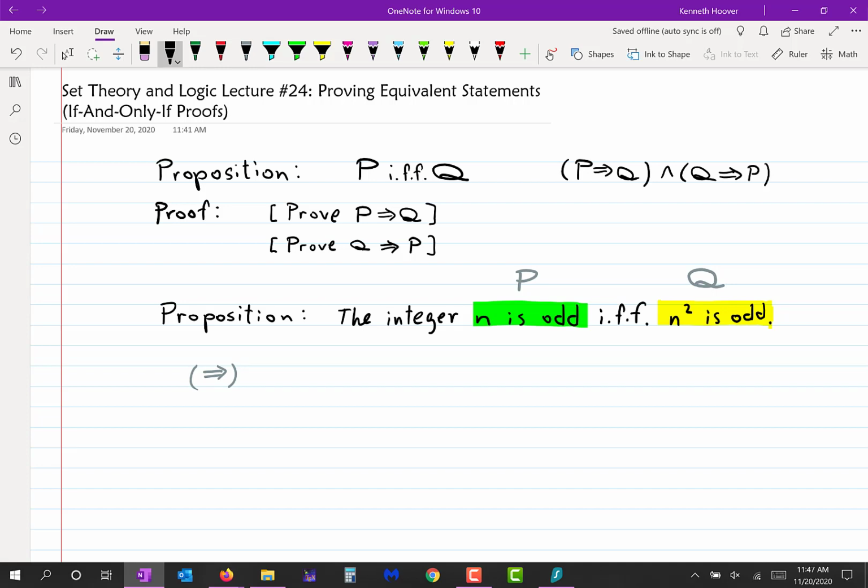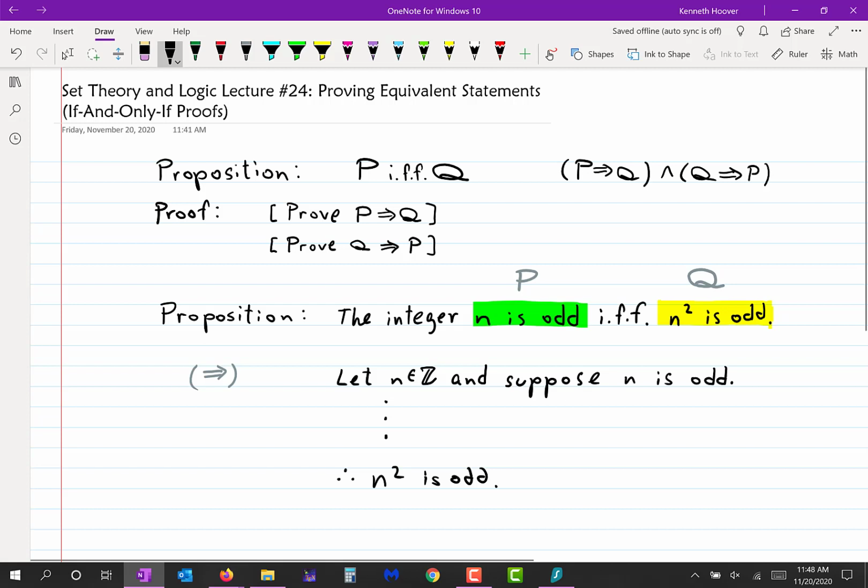So we will say, let n be an integer, and suppose n is odd. So what do I want to try to prove? I want to try to prove that n squared is odd. That's my goal. Okay, so let's just fill in the steps.